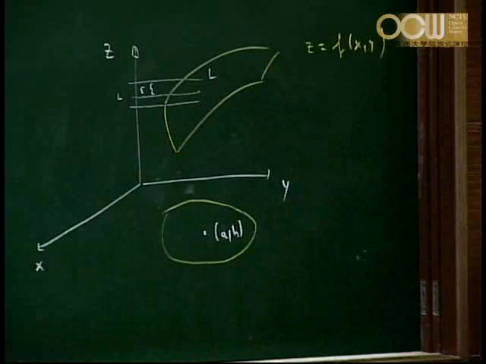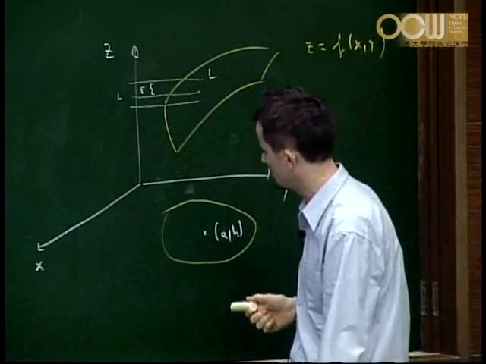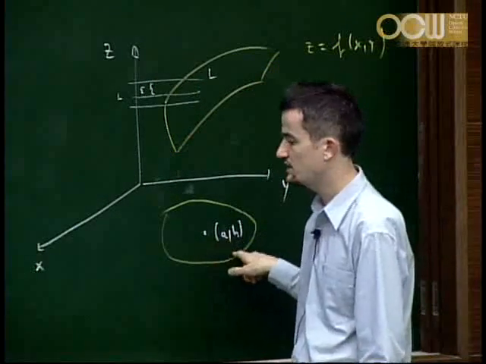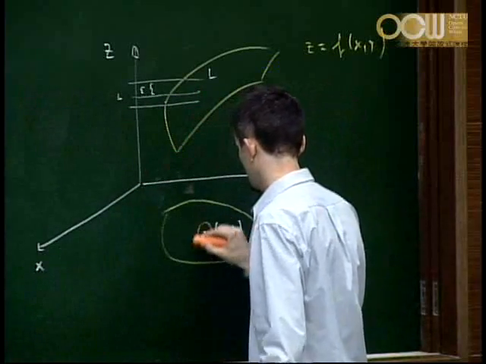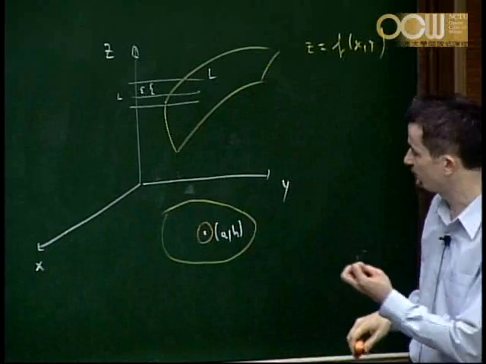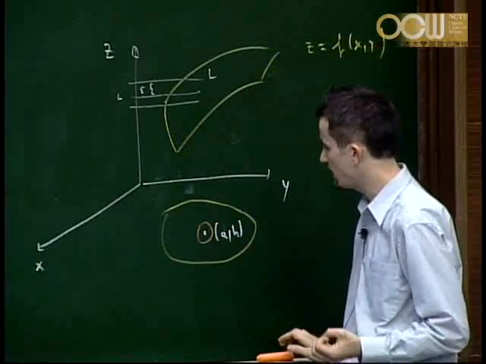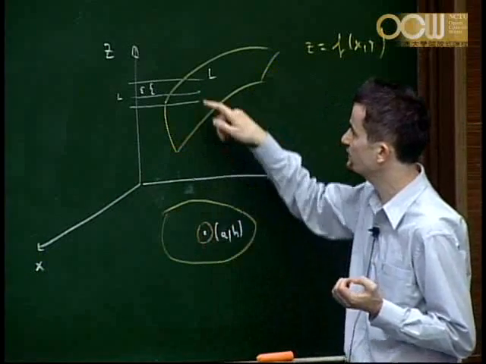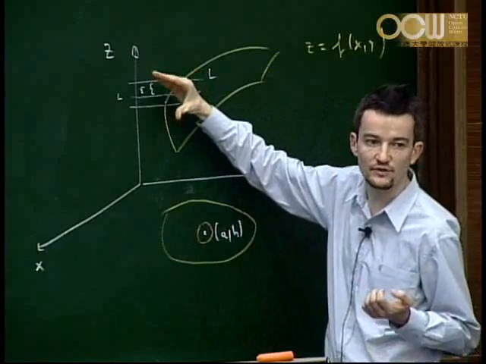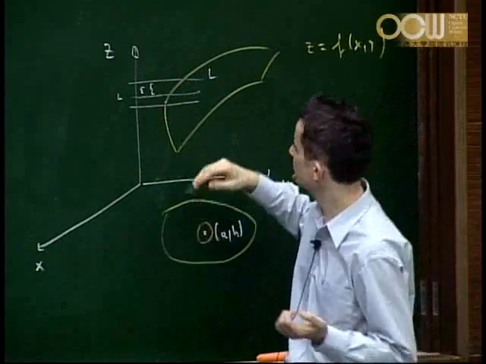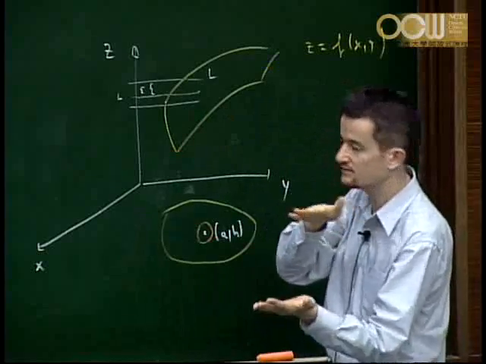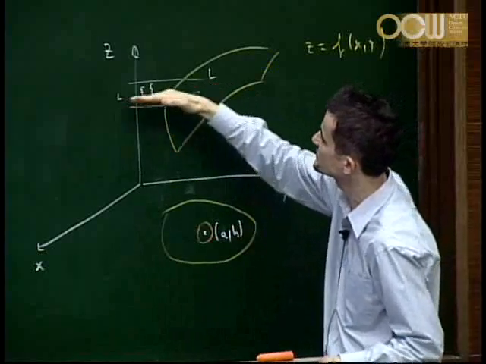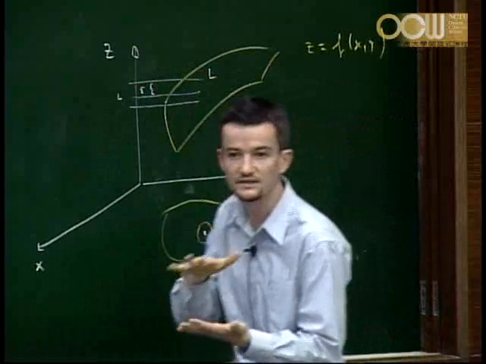And what you have to give me now is a disk around the point (a,b), so for instance this one, small enough such that all (x,y) which are inside the disk, if you look at the function value, fall inside this epsilon strip. In this case, of course, it's not a strip; it's like two planes. So this one is a plane and this one is a plane.